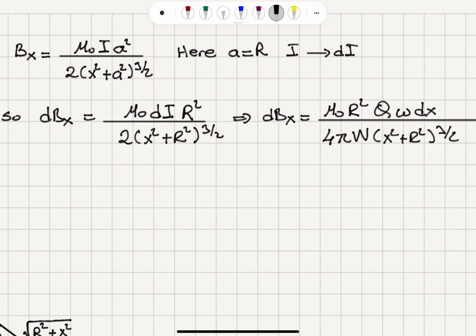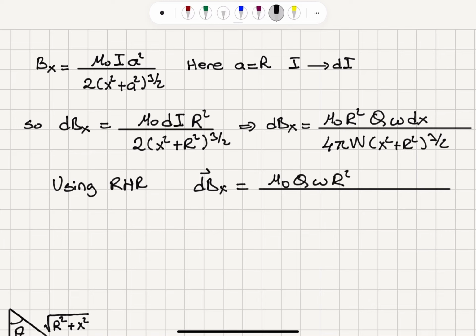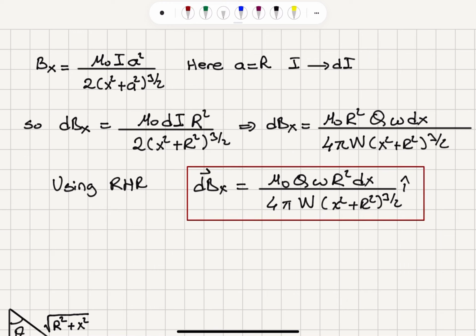So using our right hand rule, the dBx vector is mu 0 Q omega capital R squared dx divided by 4 pi W (x squared plus capital R squared) to the power 3 over 2, and it is in the i-hat direction, the direction we have found using the right hand rule.